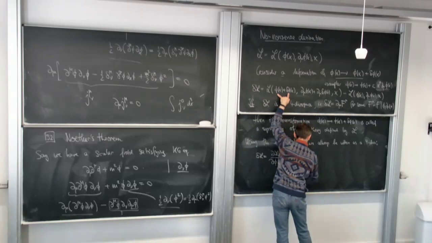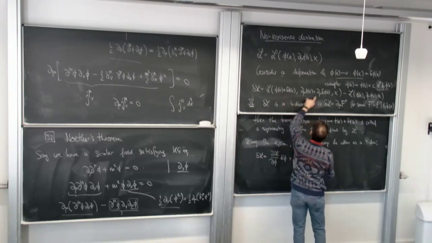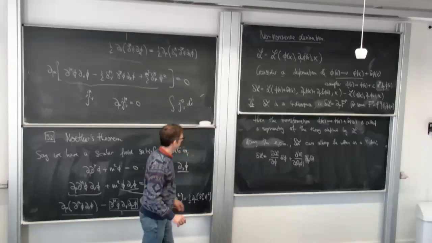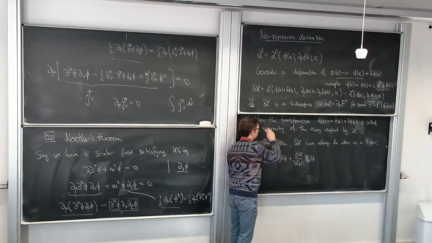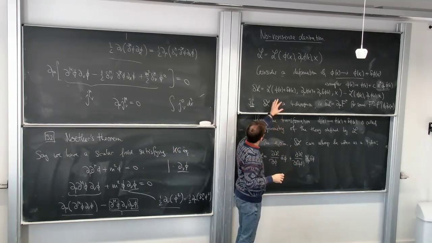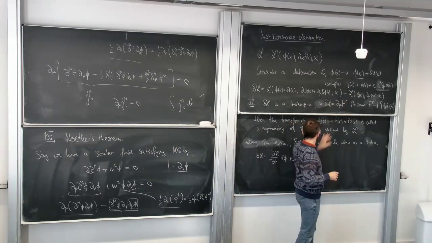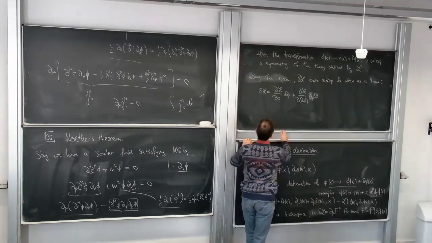Delta d mu phi. And the x doesn't change. So that's already it. I've just Taylor expanded it. And you would probably do the same thing when not using the equation of motion. That will probably also be the first step to find this sum. But now I can use the equation of motion.